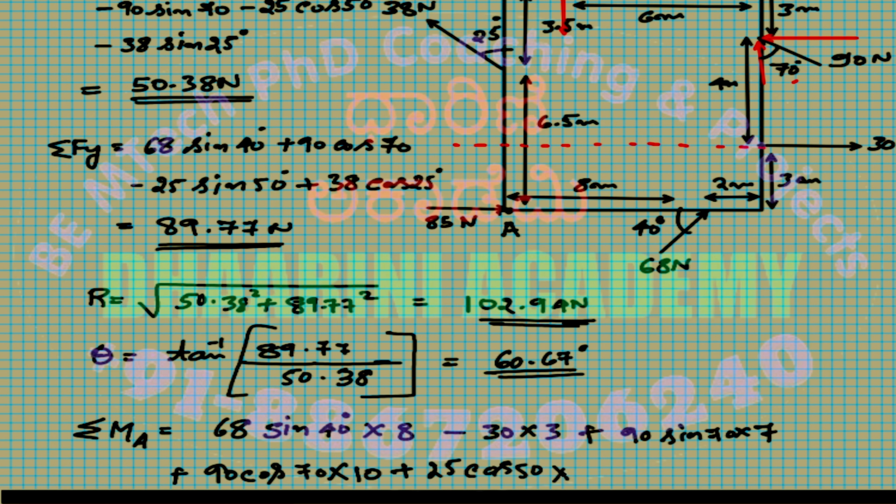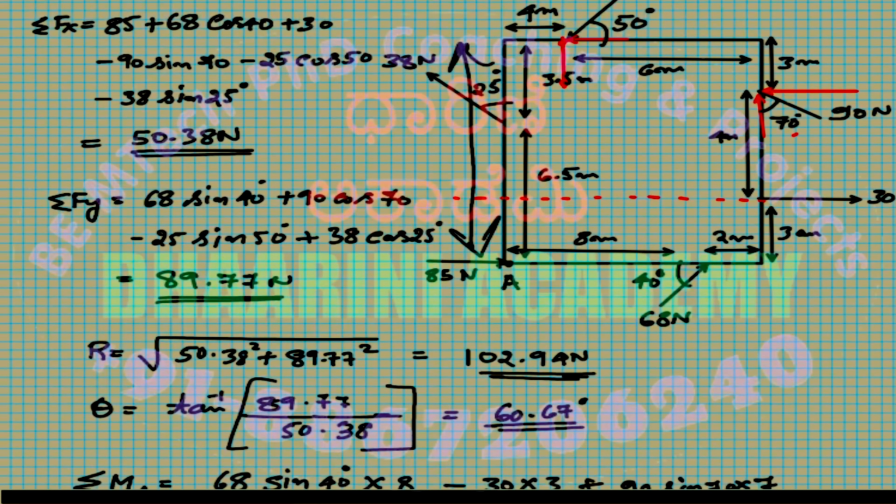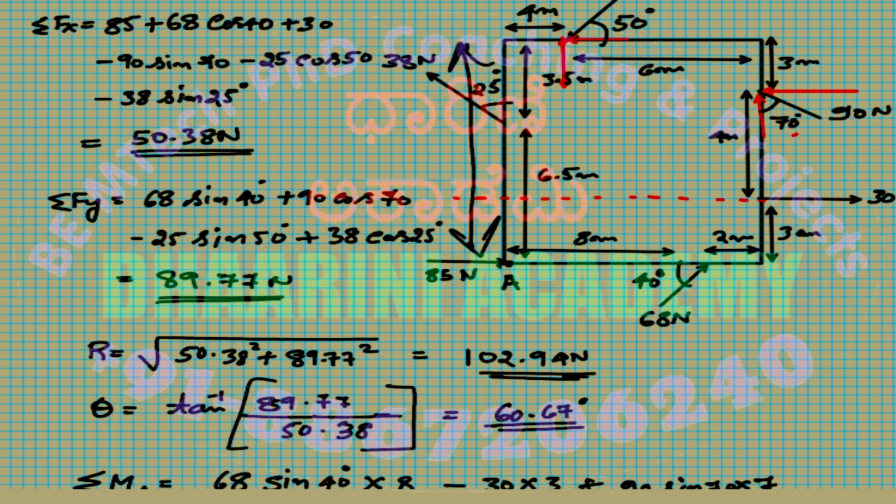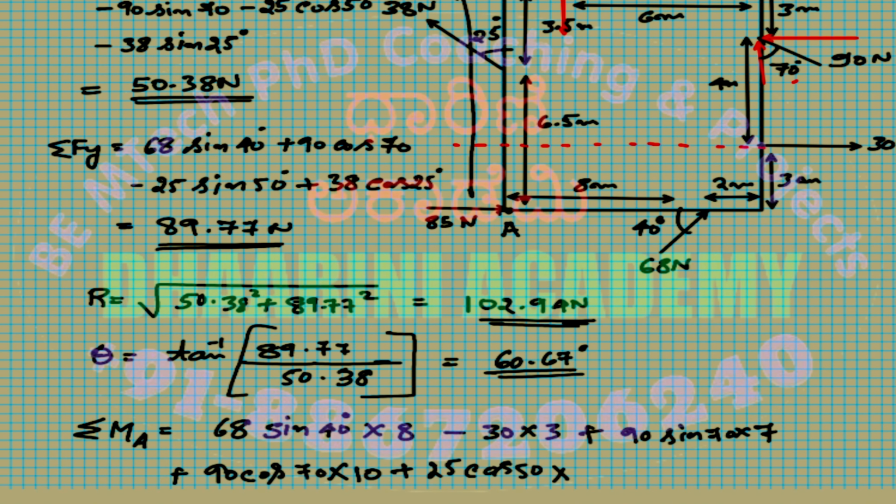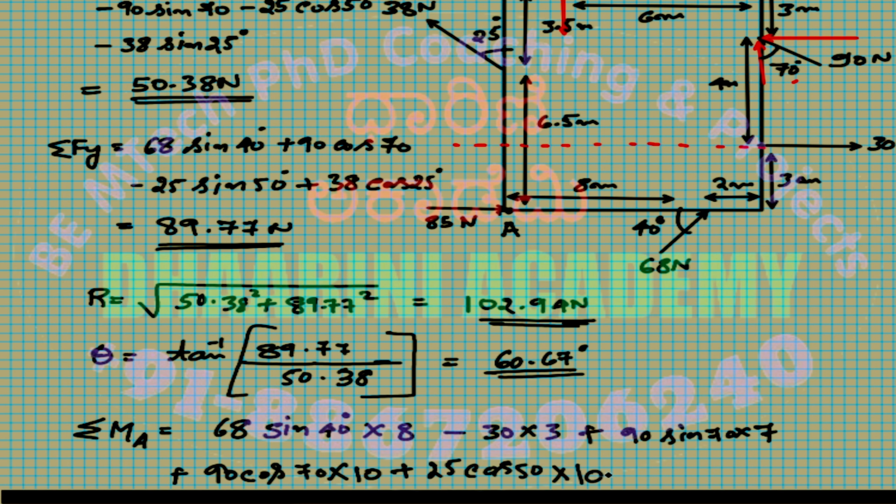Into the shortest distance of horizontal is the complete vertical distance from here to here. So if you see this distance, the complete distance along the y-axis is 6.5 plus 3.5, that is once again 10. So into 10, and this is making it rotate left, means anti-clockwise, positive.